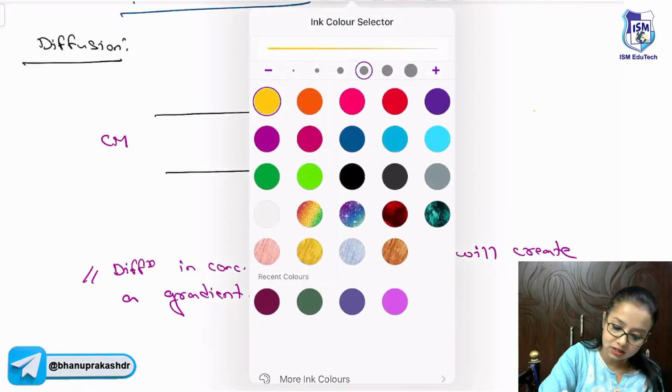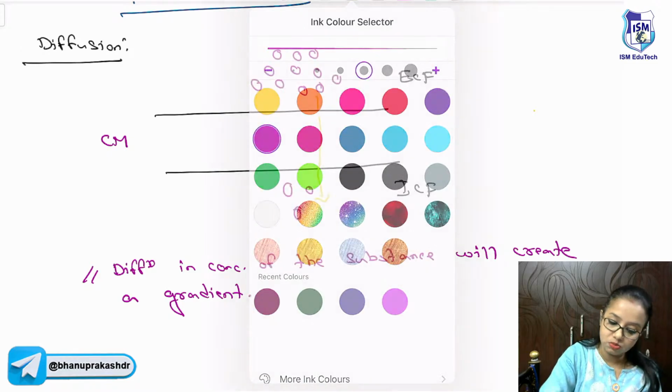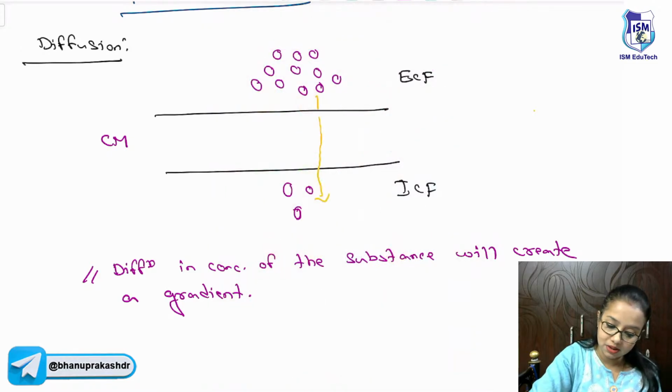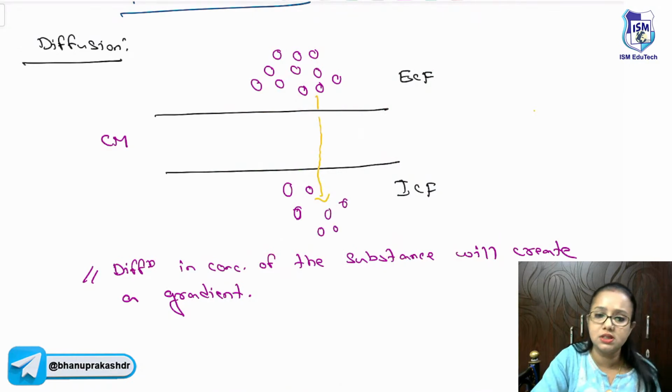This particle will just move across the cell membrane into the ICF, without the need of any energy, without the use of any carrier protein or transmembrane protein, nothing will be needed.